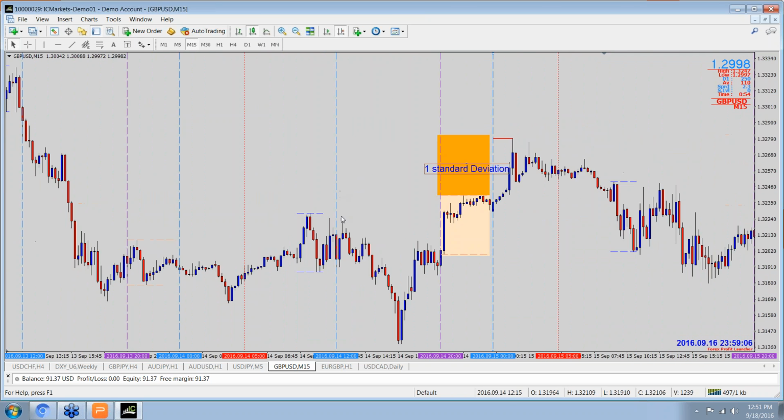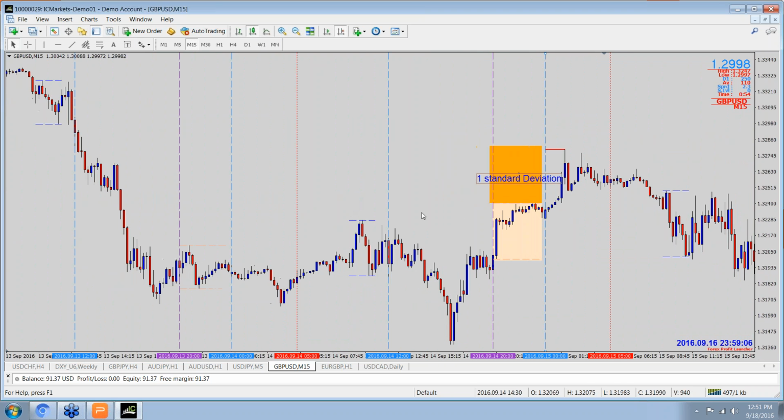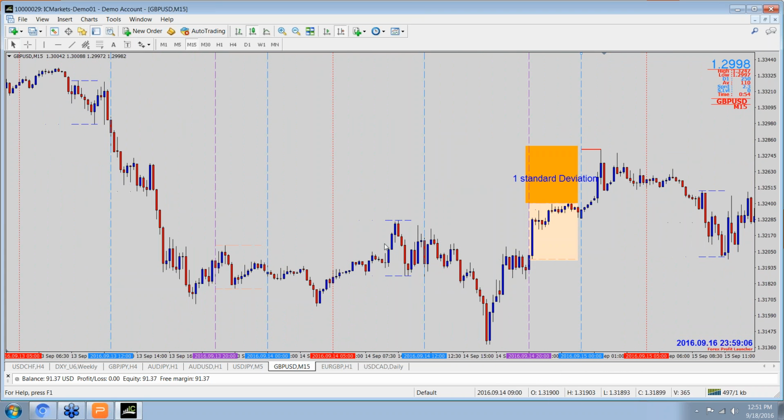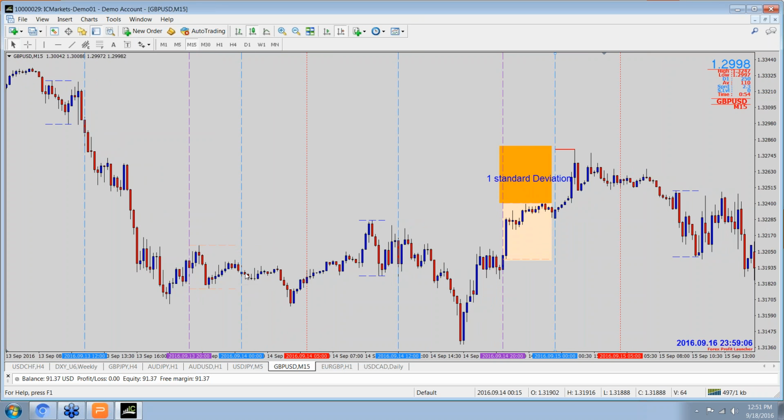All right, what else do we got here? Okay, so we've got our markets obviously going lower, higher time frame once again. So we've got market structure here, central bank dealing range. We've got our standard deviations.